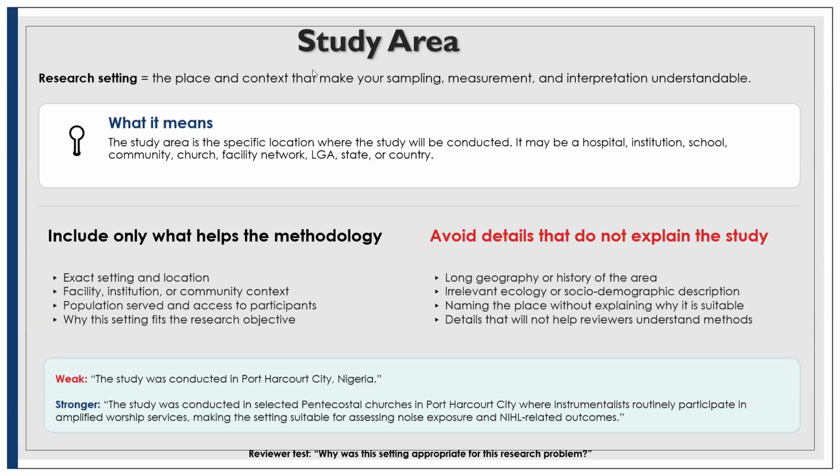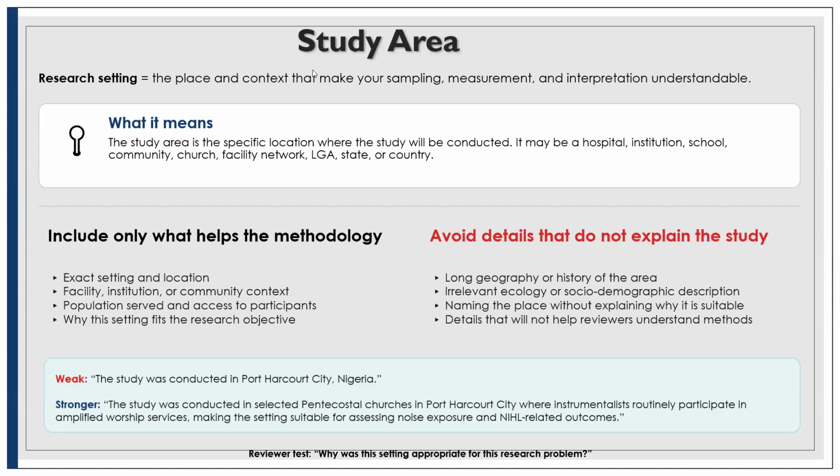All right. So if I'm going to be naming Port Harcourt and the brothel sites, why are they suitable for helping me address my research objective? Because these are the sort of details a reviewer would want to see.